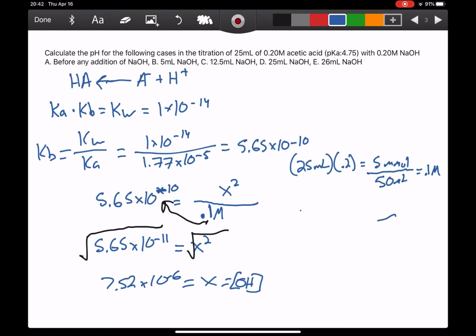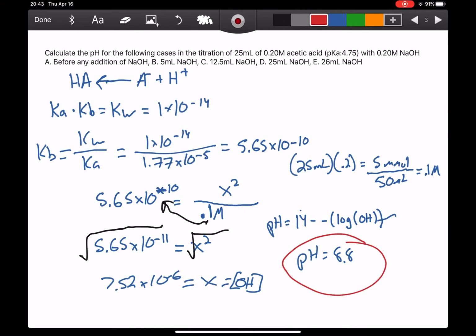Or we can just do pH is equal to 14 minus pOH, which pOH is the opposite of log of the concentration of hydroxide. So if we do this, we're going to find that the pH is going to be 8.8. And that is going to be the answer for part D.